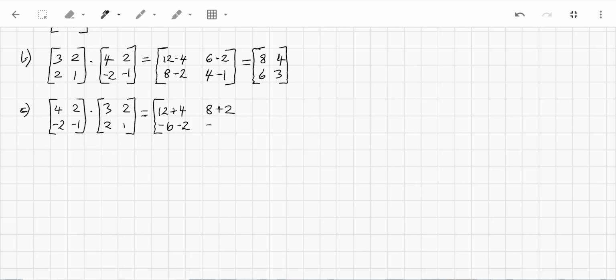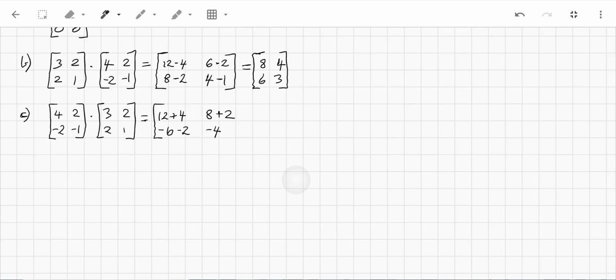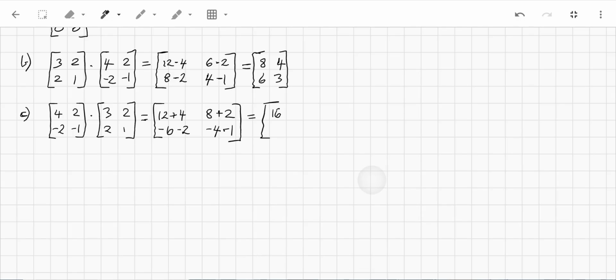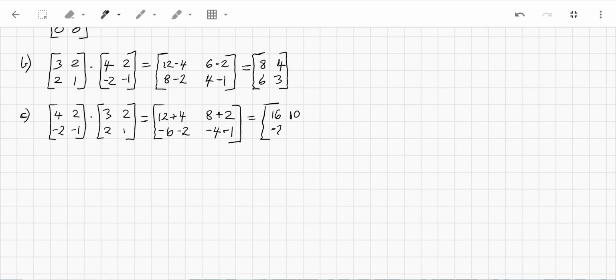Negative 4 minus 1. Neaten that up. 12 and 4, 16. 8 plus 2, 10. Negative 6 minus 2, negative 8. Negative 4 minus 1, negative 5.